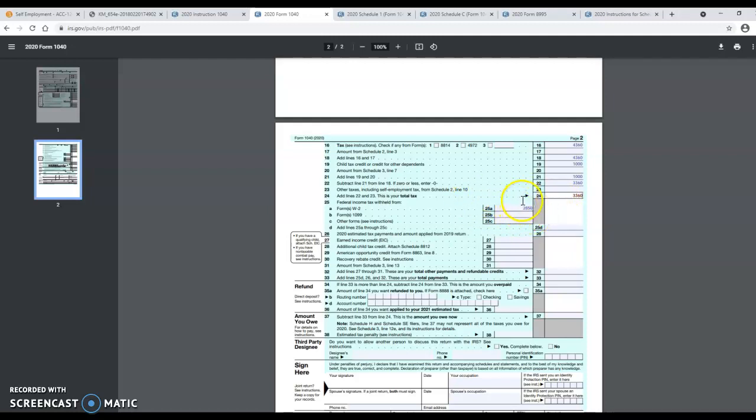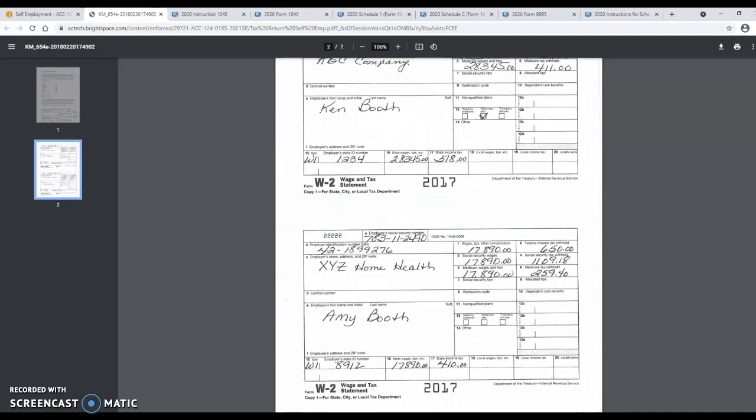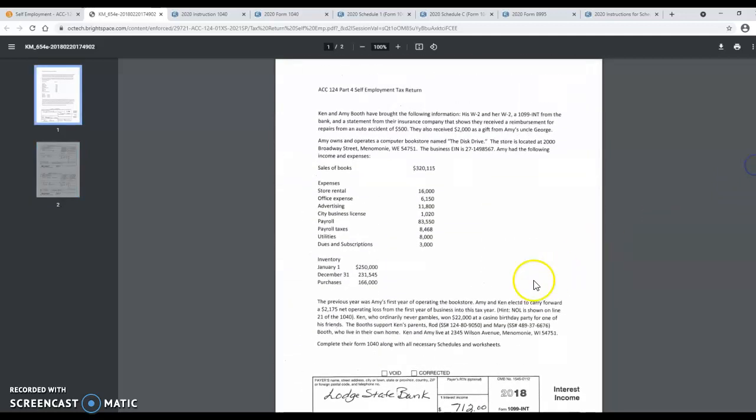Okay, we had 2850 that was withheld from W-2s. They should have put in more tax. Okay, the business should have put in quarterly estimated tax payments, but it does not appear that they did that.